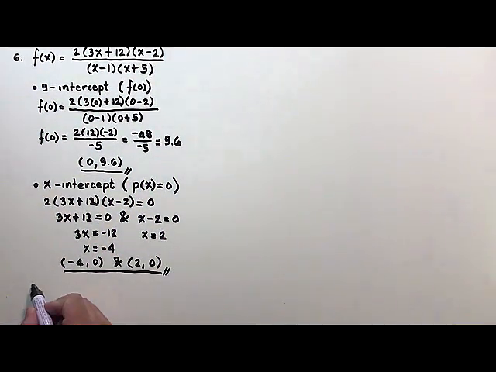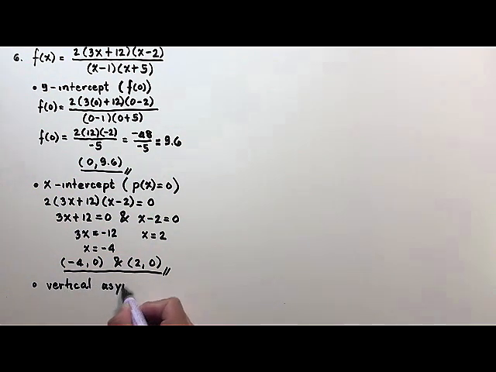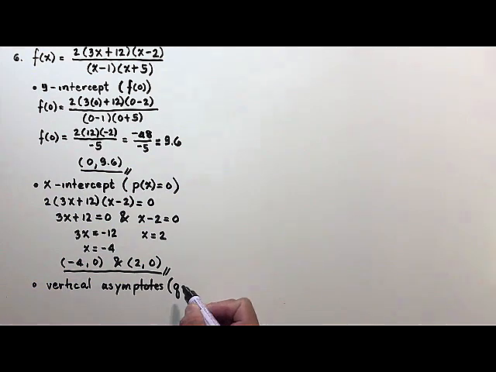So next, we will find the vertical asymptotes. How do you find the vertical asymptotes? Remember, this can be found when you set the denominator equal to 0, because the function must not be defined at those values of x. So our denominator here is (x - 1) times (x + 5), and this will be equal to 0.